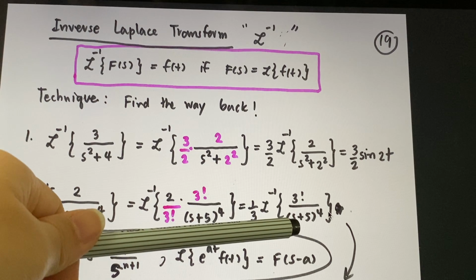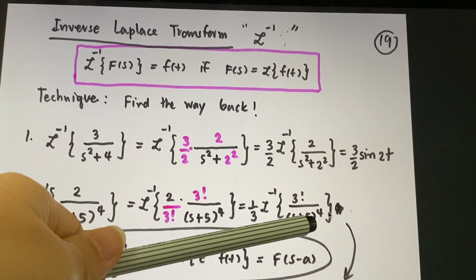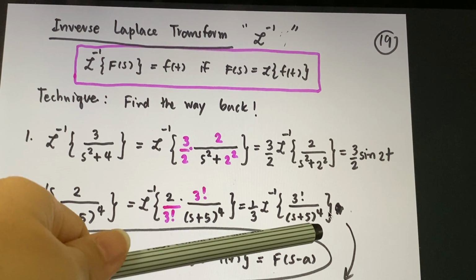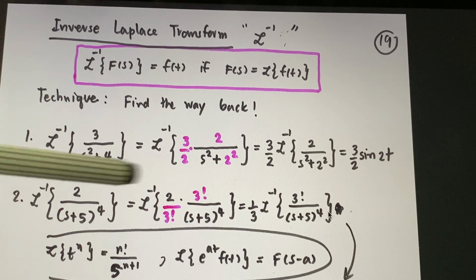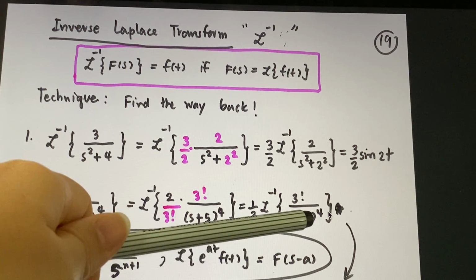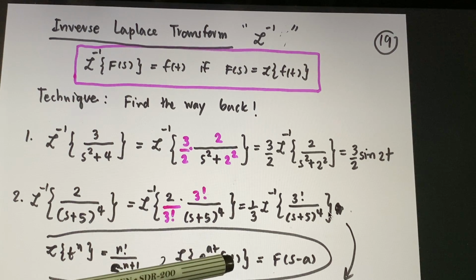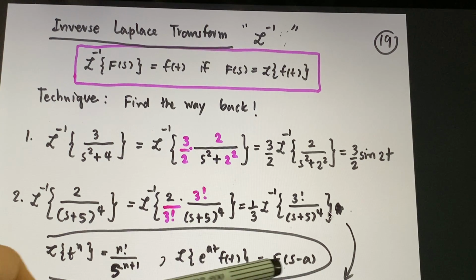So in here, we should have something like t to the power 3. And then you see, it's not just s, it's s plus 5. It should come back from s minus 5. That means you do shifting with negative 5. So recall this, if you have e to the at times f(t), it is equal to F of s minus a.